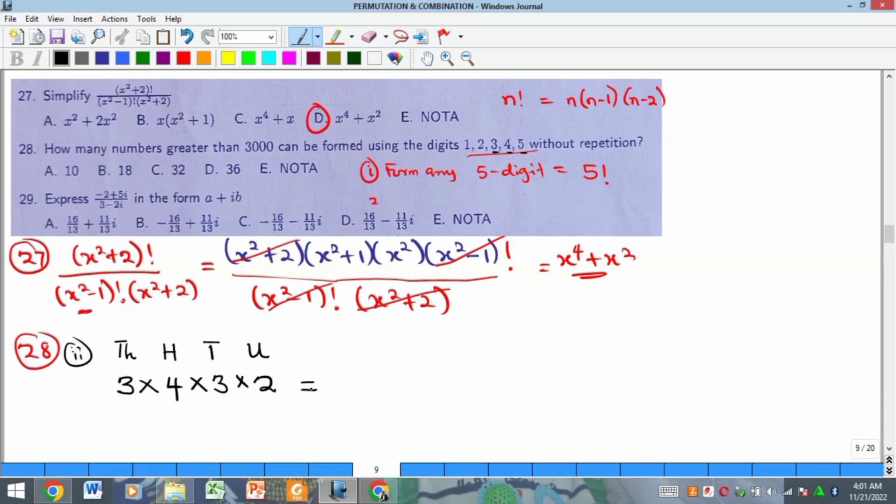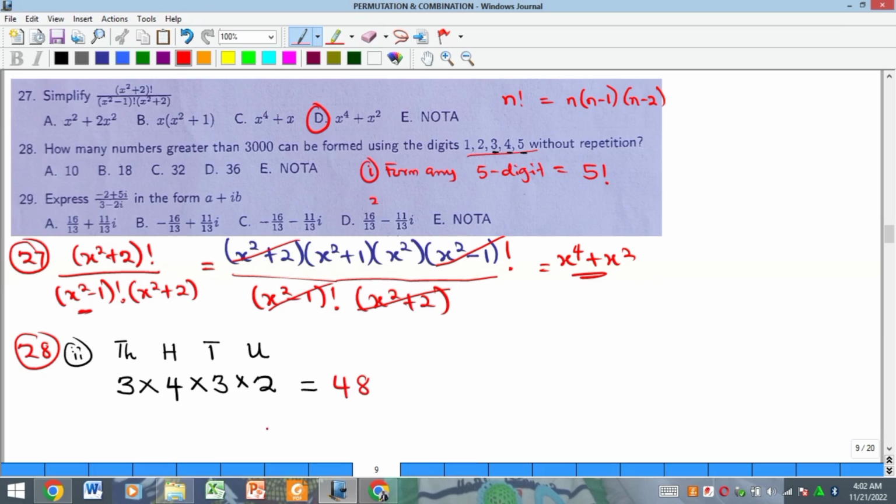And so if we multiply this, we are going to get the number of formations that will give us a number greater than 3,000. And this is going to be 12, 24, 24 times 2 is 48.